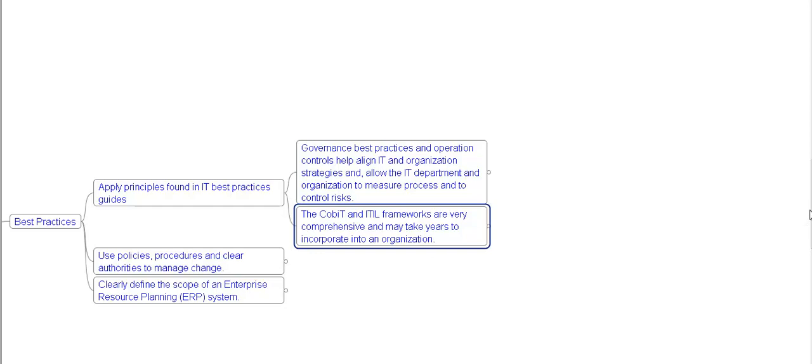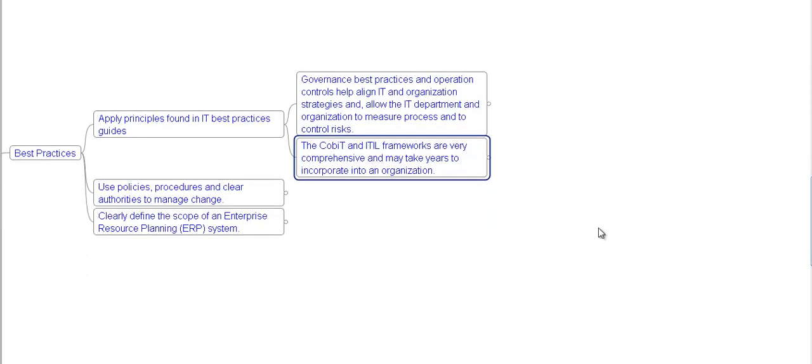The COBIT and ITIL frameworks are very comprehensive and may take years to incorporate into an organization.